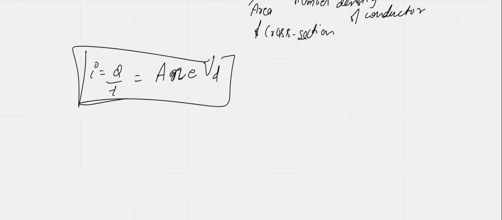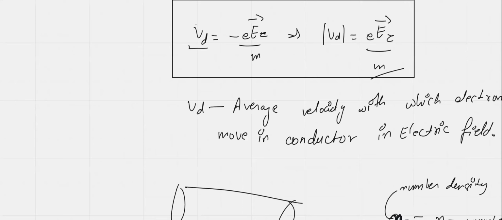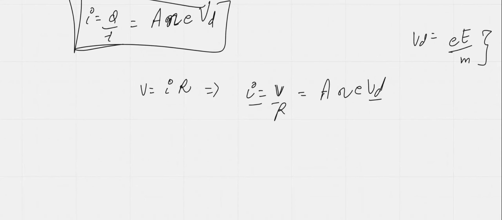As per Ohm's law, which we have already studied, V is equal to I R. So you can simply say that I is equal to V by R, and this I is also equal to A n e vd, right? And can I say that this vd is also equal to e E divided by m from this formula, and there's a tau also, so just put it here.